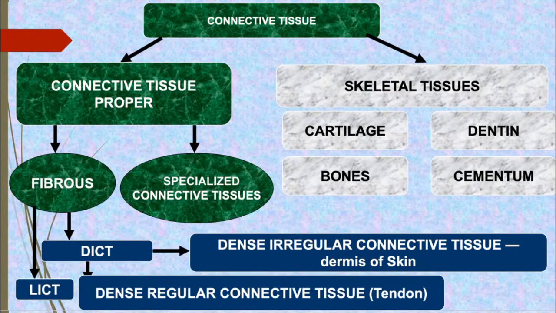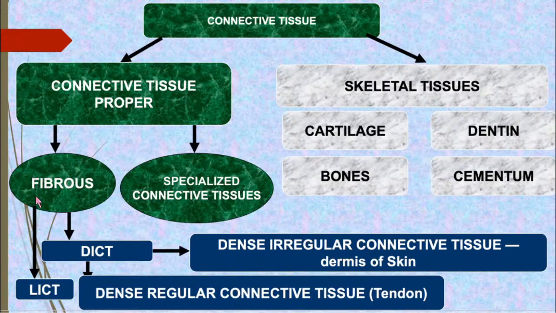Let me now represent to you the types of connective tissue in the human body. First of all, this is of course connective tissue proper, which is divided into fibrous connective tissue and specialized connective tissue.